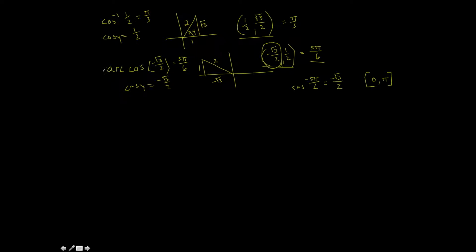All right, so let's look at another one. Let's look at the cosine of the inverse cosine of 0.7. Now, before you haul off and say it's 0.7, remember your rule.